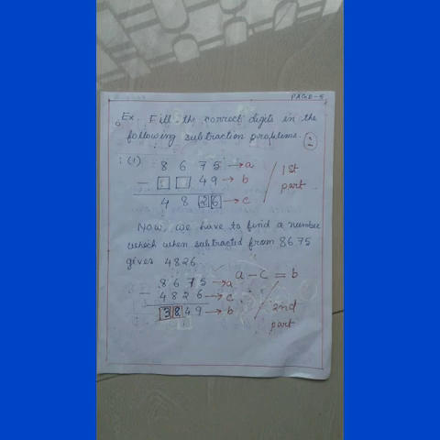I have taken 8675 as A and 2 boxes and 49 as B. I have to fill up the boxes with some digits, and the result is 4,800 and some boxes I have to fill.